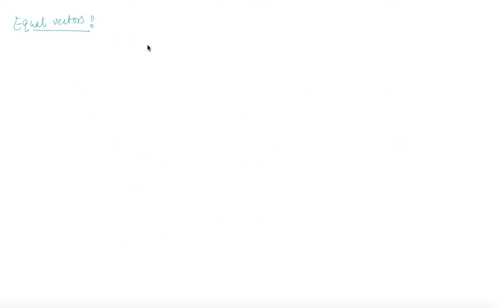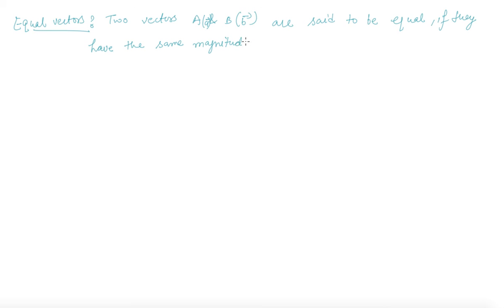Two vectors, let's say A and B, are said to be equal if they have the same magnitude and direction, regardless of the position of their initial points.